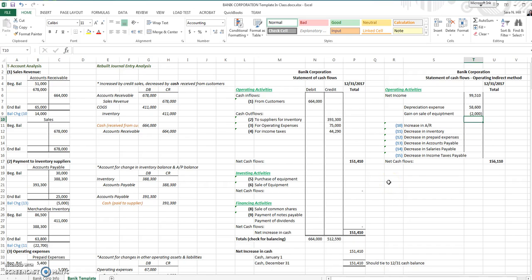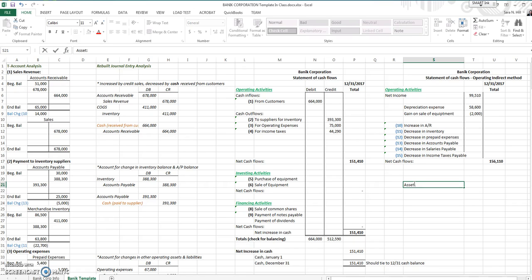So as we go through the balance sheet and we take a look at each one of our operating related accounts, we're going to see if it increases or decreases, and we'll transfer that increase or decrease to our statement of cash flows. And I'm going to help us out and give us a little bit of a guideline here.